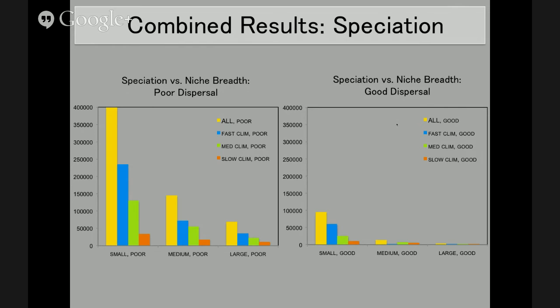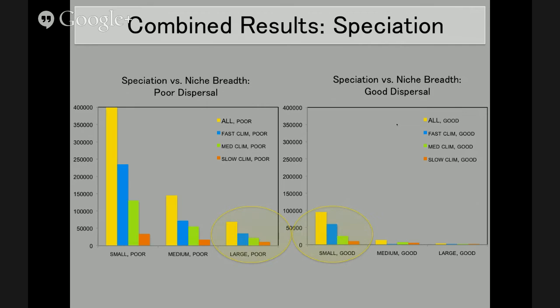If we break apart these patterns and examine the impact of niche breadth within dispersal ability categories, the results are congruent with what we would expect. So that's to say that most speciation events occur among species with small niche breadths and poor dispersal abilities, and the least number of speciation events occur among species with large niche breadths and good dispersal ability.